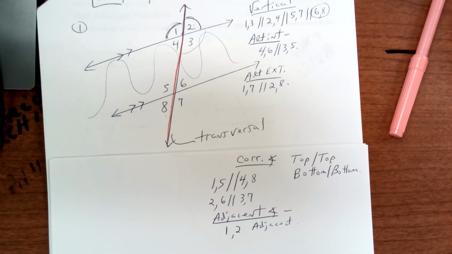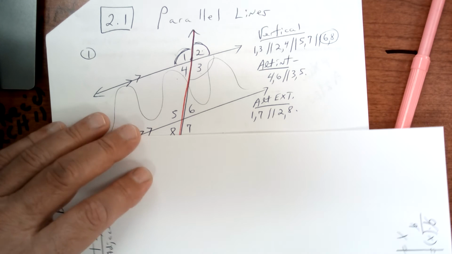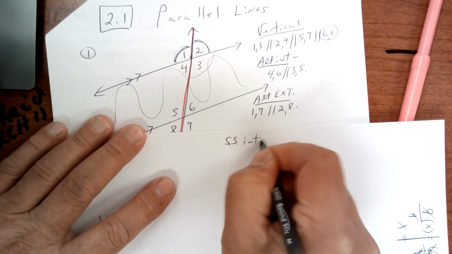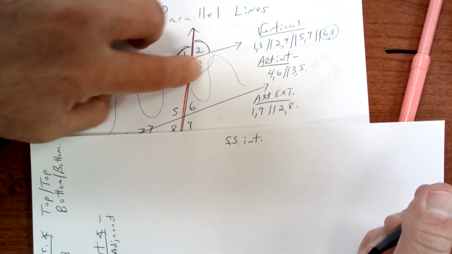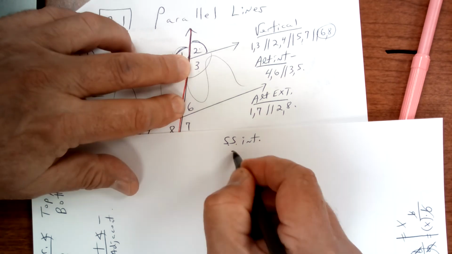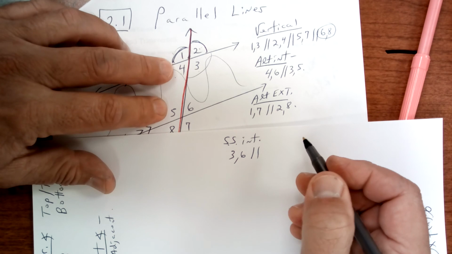Oh, okay. So there's something called same side interior. Write this down. Same side interior. Okay? So if you look, all of these are in the interior. So same side interior would be 3 and 6. And same side of that pink line would be 4 and 5.